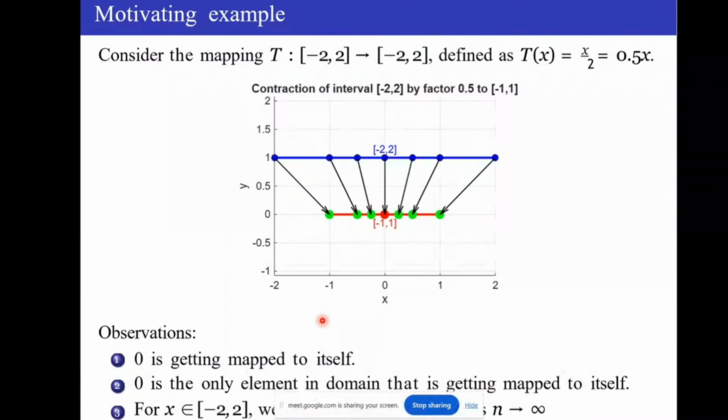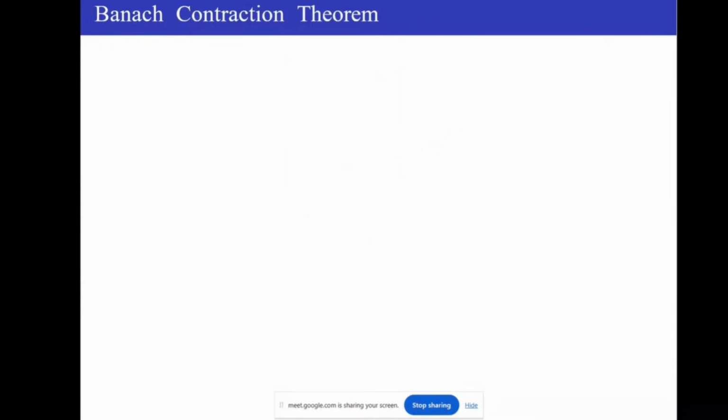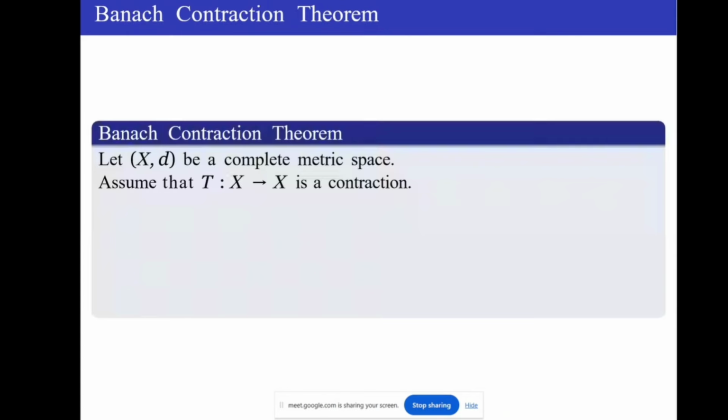These observations are actually true for any complete space, and that is exactly the Banach contraction principle. Here observe that [-2, 2] was closed, and it is a complete metric space.